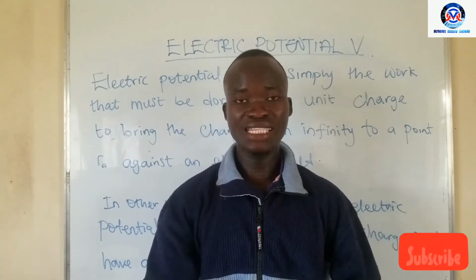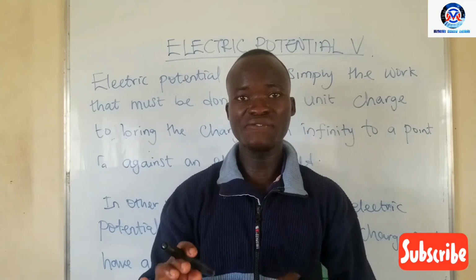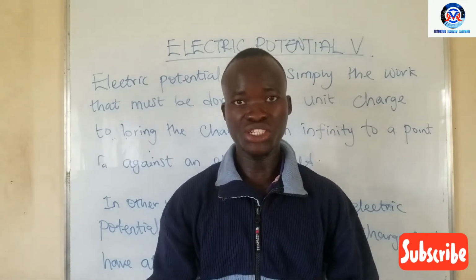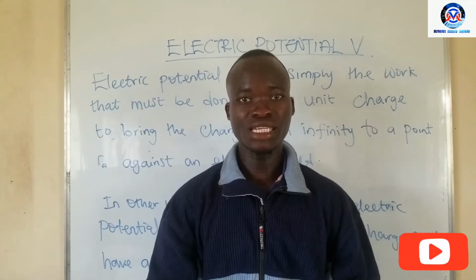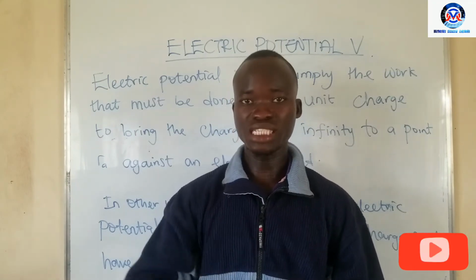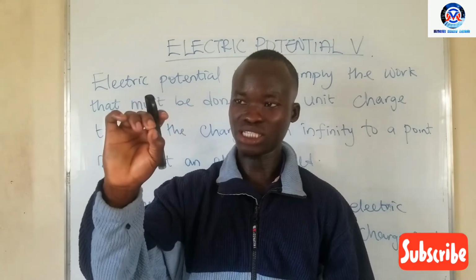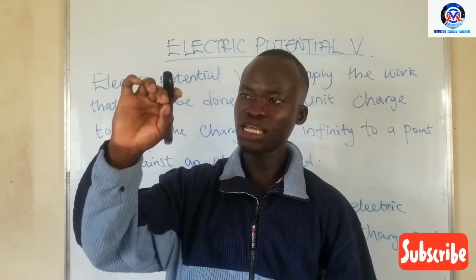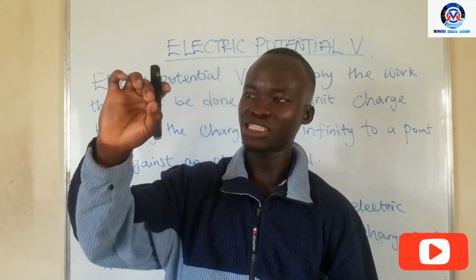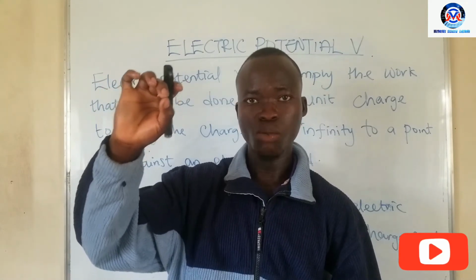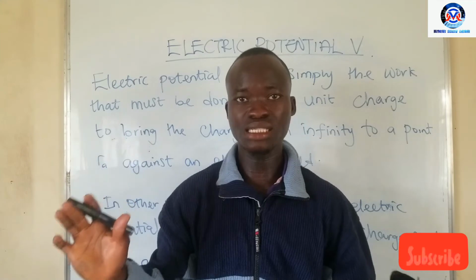So at different points in space, we have different electric potential. And from the definition, it can be easily seen that when you are asked to calculate the potential at a point, the potential at a point simply means: what is the potential energy that one coulomb of charge must have at that point? That is the meaning.